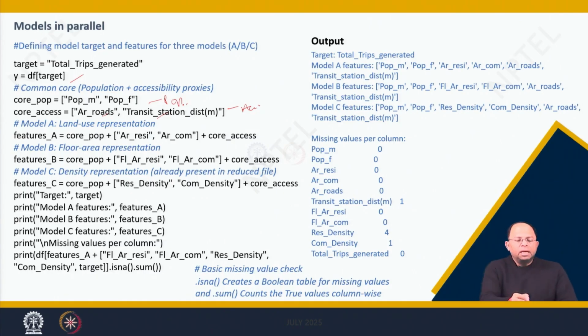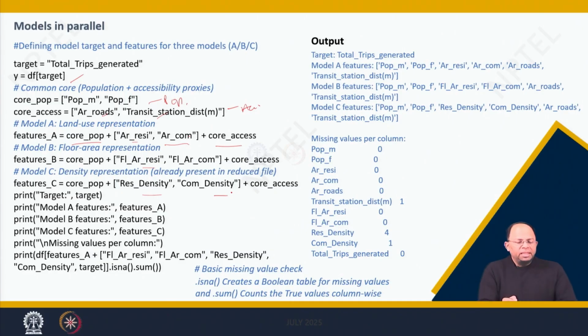What we change is the features: we keep core pop and core access, but we change AR resi, AR com. In model A we are keeping land use, in model B we are taking the floor areas, and in model C we are taking density. We are now trying to see which model will perform better, that means which selection of features will give us better results.